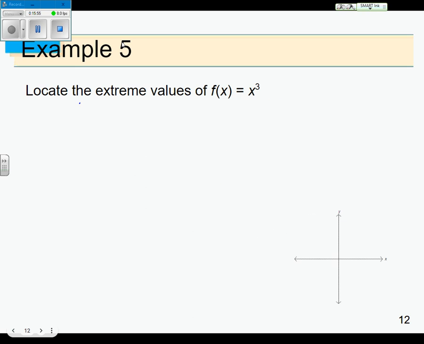So now, let's try to work a problem from earlier in the video where I'm trying to find the extreme values of x cubed. Well, I'm just going to try to throw off Fermat's theorem, actually. Because look, if I do f prime, that's going to give me 3x squared. And Fermat said that wherever this is equal to 0, at 0, I should have an absolute max or absolute min.